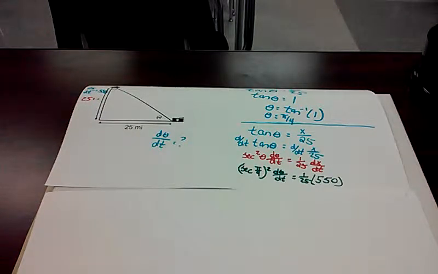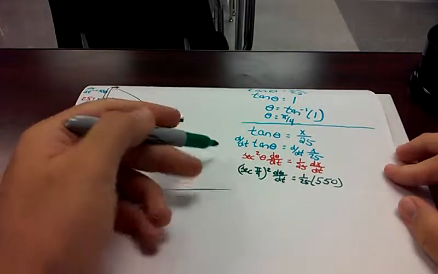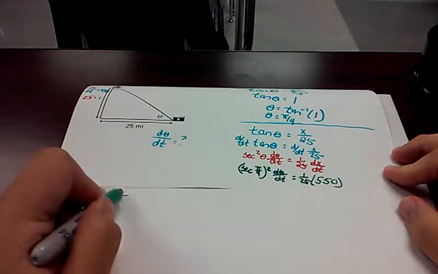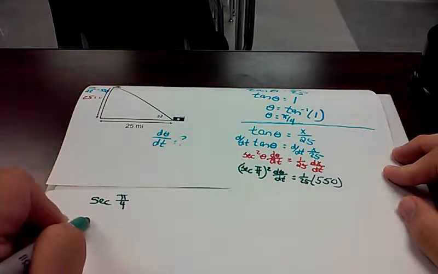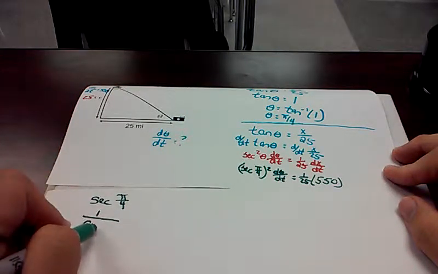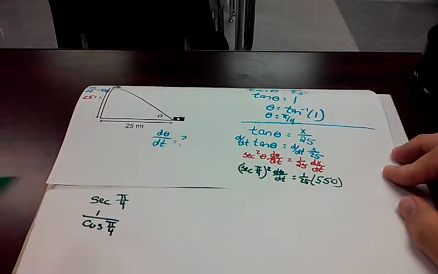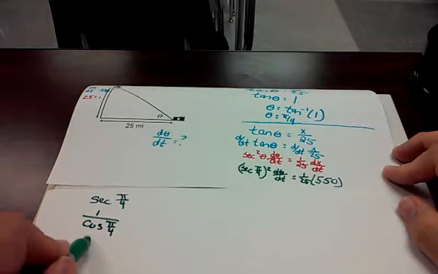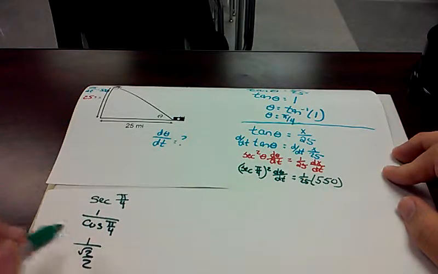All right, now I need to figure out what secant of pi over 4 is and then square that. So off to the side, I'm going to just remember that secant of pi over 4 is the same thing as 1 over cosine of pi over 4. And then cosine of pi over 4 is square root of 2 over 2. So that's 1 over square root of 2 over 2.